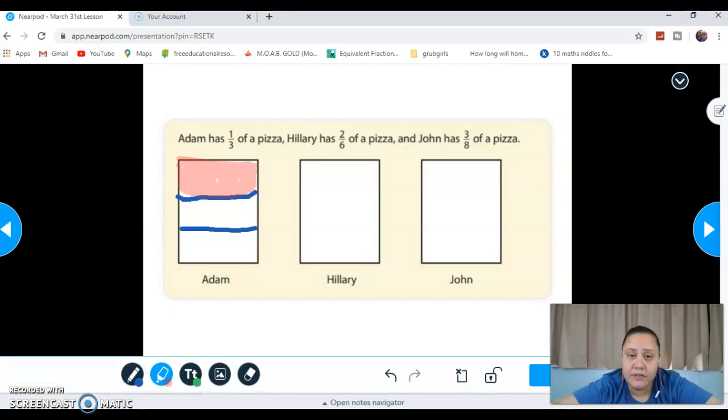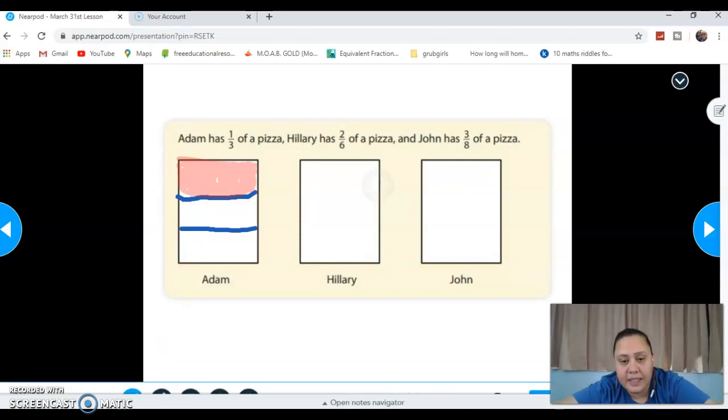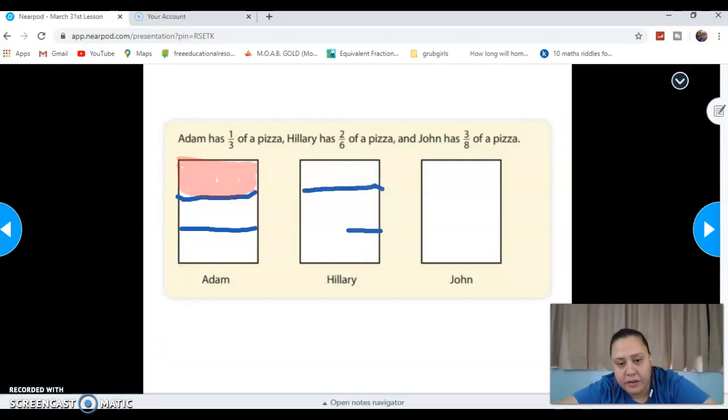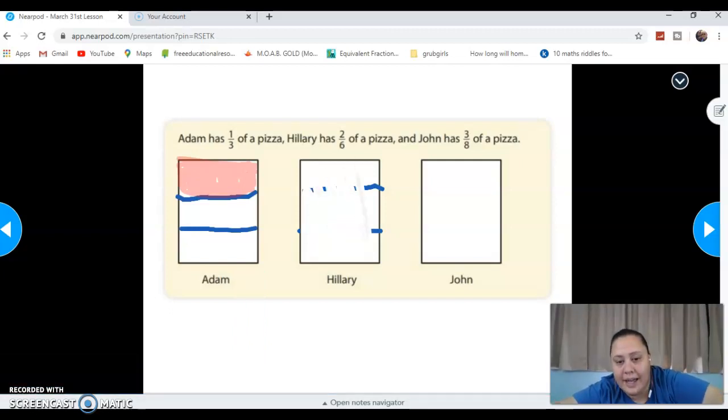Hillary's pizza is a little different. It's 6ths. The denominator tells us how many pieces to cut. So remember, 6ths are cousins of thirds. We did learn that. So in order to make 6, I'm going to first make thirds. And that is not equal. That is ugly. So let me erase that. And it's fine.